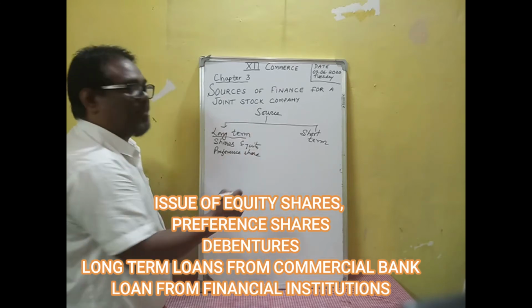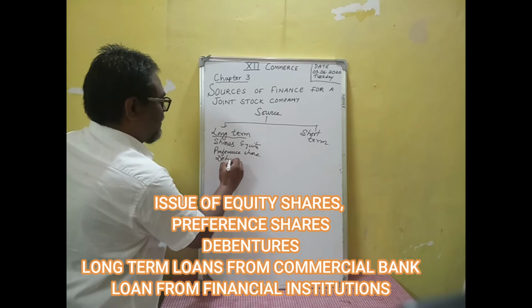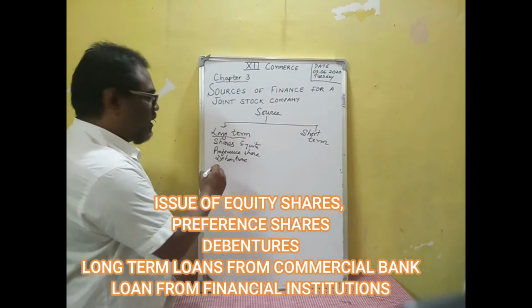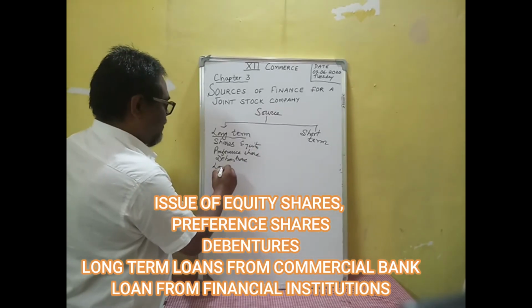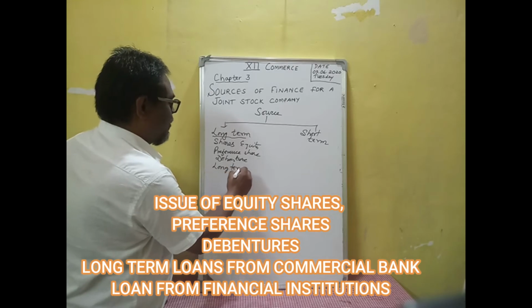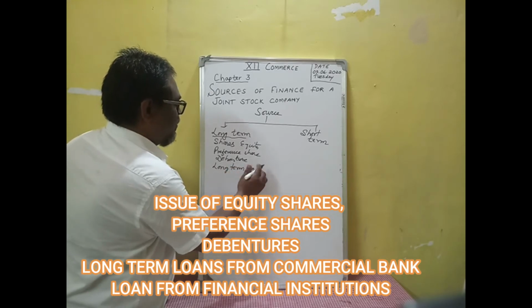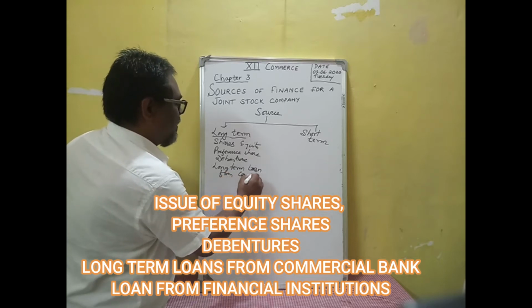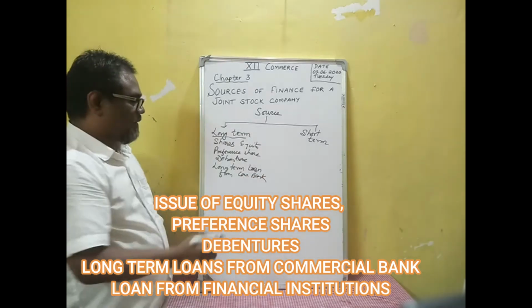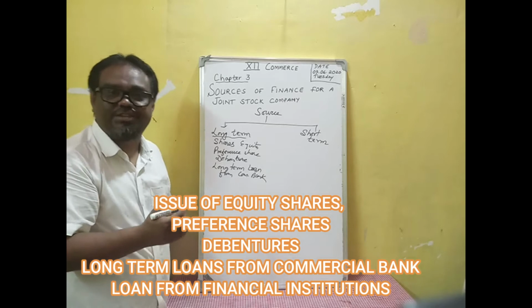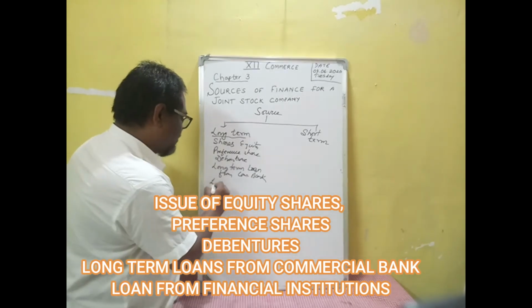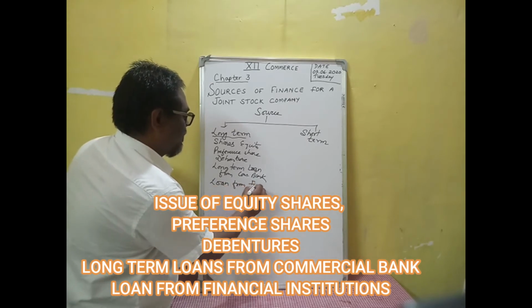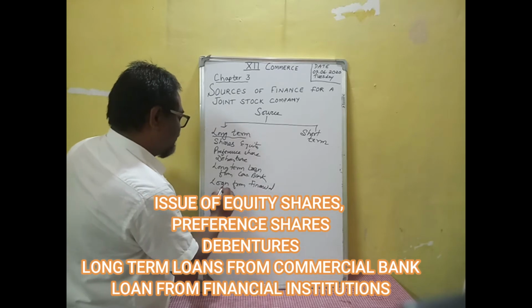Preference shares are issued by a company, debentures are issued by a company, and there is a long-term loan from a commercial bank, and a loan from any financial institution.